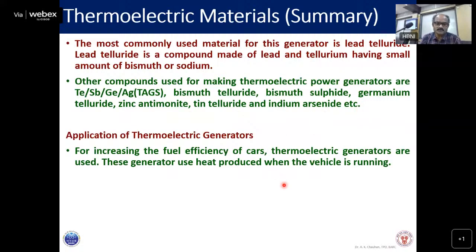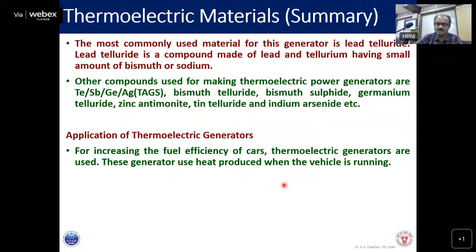And what are the main applications of thermoelectric generators? For increasing the fuel efficiency of a car, thermoelectric generators are used. These generators use heat produced when the vehicle is running. In a car, when your engine is at a very high temperature, you place a thermoelectric generator there so that the heat which would otherwise be wasted can be converted into electricity, and so the efficiency is improved.